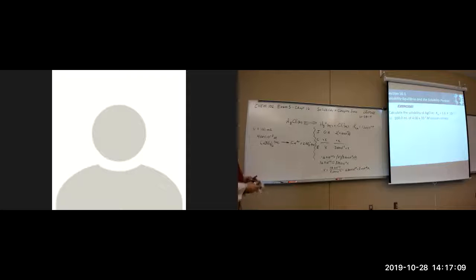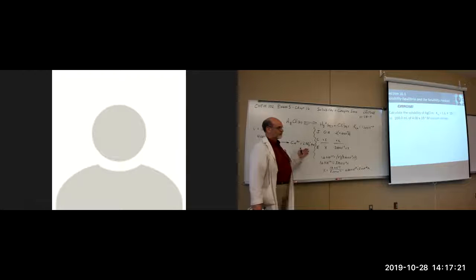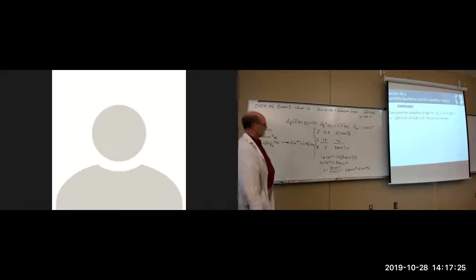Now the question is, we know that calcium chloride is soluble, so calcium and chlorine are not going to affect the solubility. How about nitrate and silver? Nitrate and silver are soluble. So this solution does not change the solubility from pure aqueous.